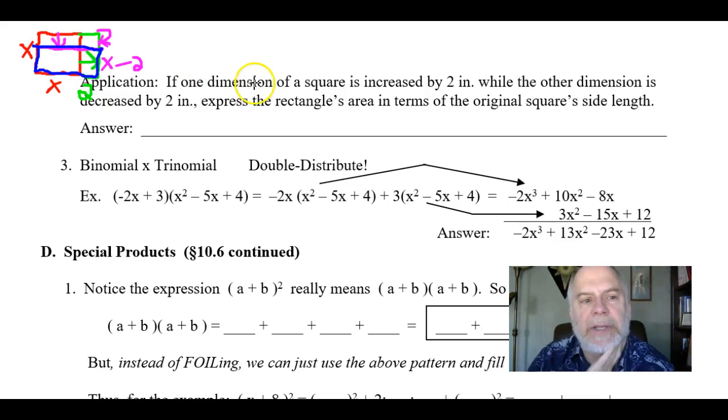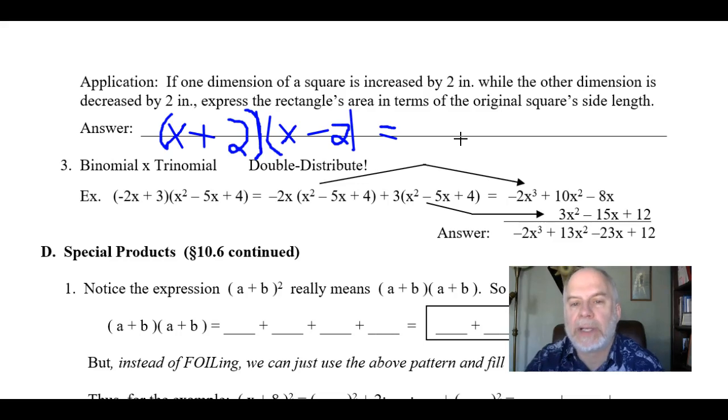So what are the dimensions of that rectangle? Well, we added this 2 when we extended that out, so the answer would be x plus 2. Pause the video and try to FOIL it and see what you get.